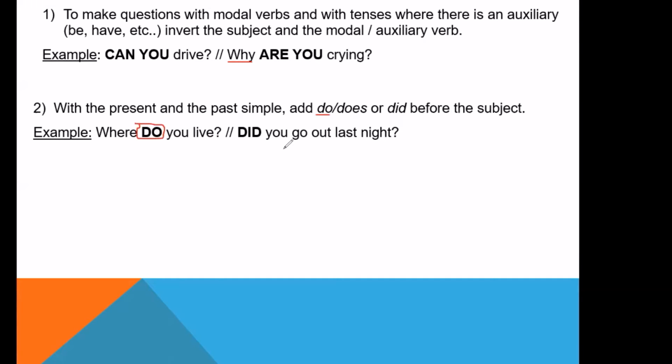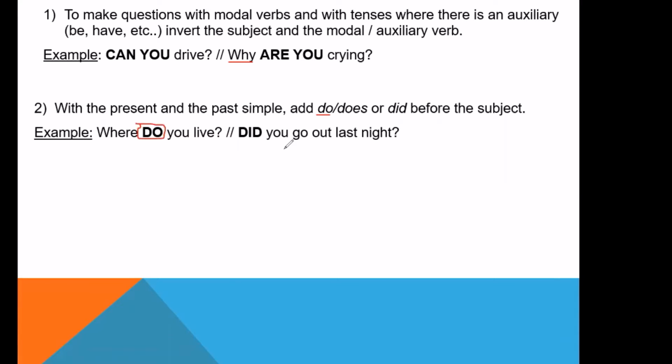I live in Brazil. Where does she live? She lives in the United States. Just go and refer to the videos about the simple present and the present continuous available here in the channel.